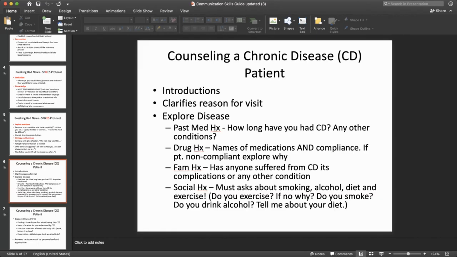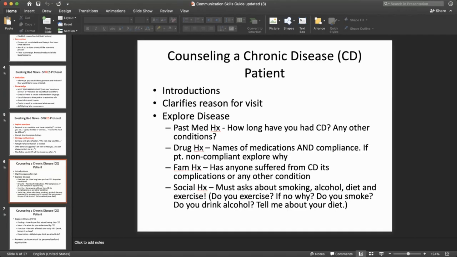Can you confirm that is the reason for your visit?" And they may do just that, or they may add something more to their reason in terms of a complaint that they may have, or a side effect of a medication they may be experiencing, or some concern that may not have been overtly disclosed on the instruction sheet that appears on the door before you enter the examination room with the patient.